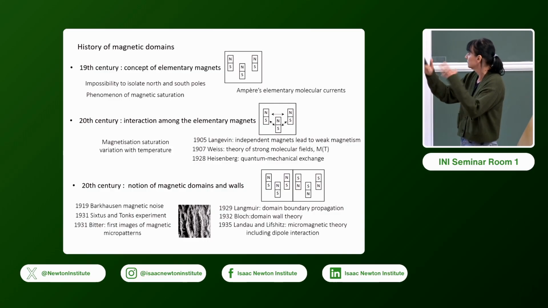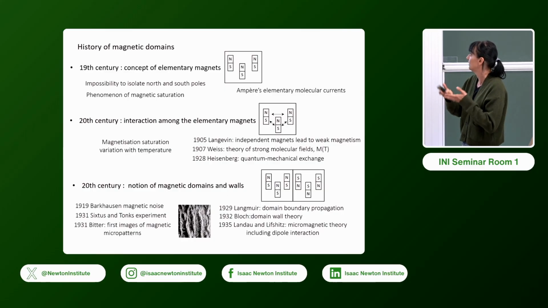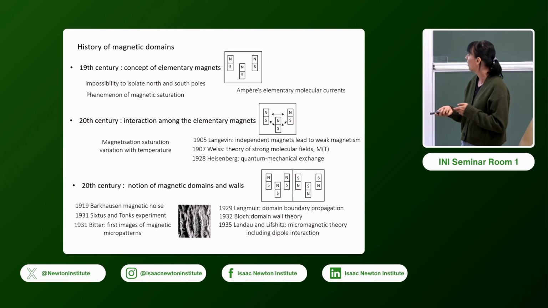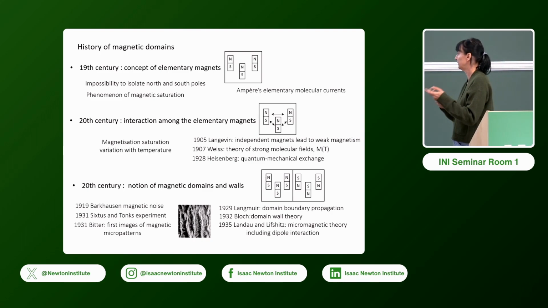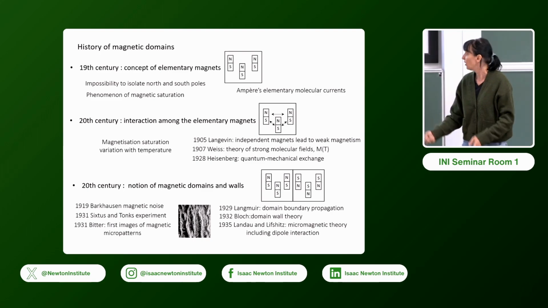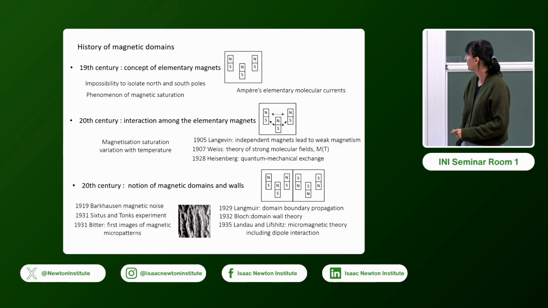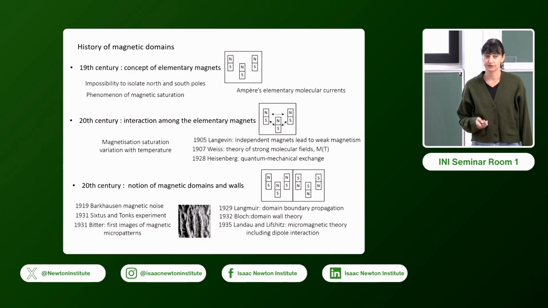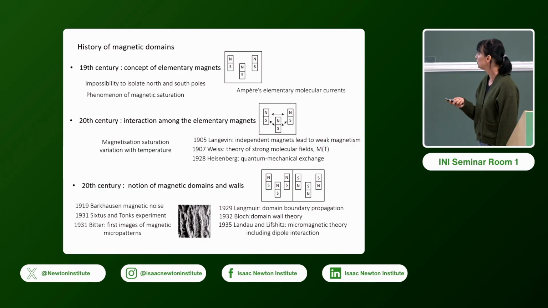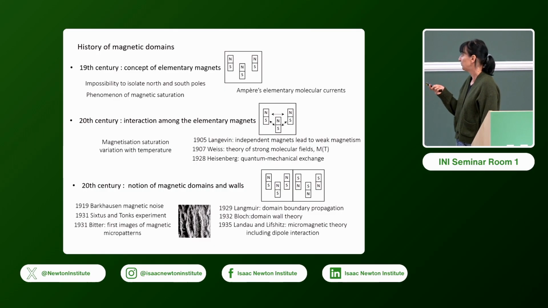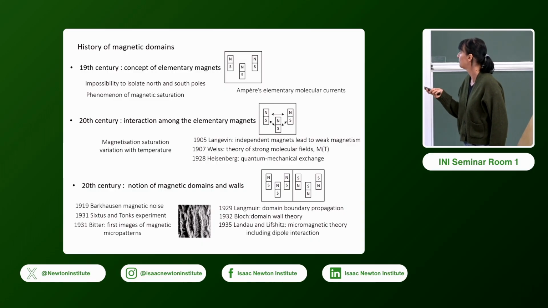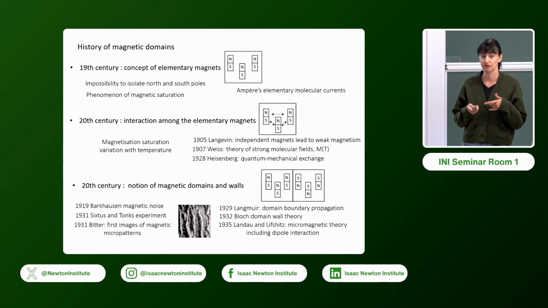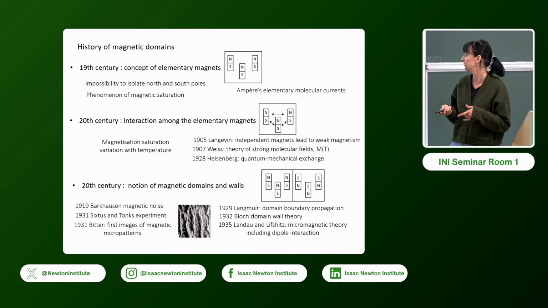So now we have a series of elementary magnets, and in the 20th century they started to look into how to get from these elementary magnets to a bigger magnet, and there is the observation that the saturation magnetization varies with temperature. It was also rapidly understood from the theoretical point of view that these magnets cannot be independent, otherwise it would lead to weak magnetism quantitatively.